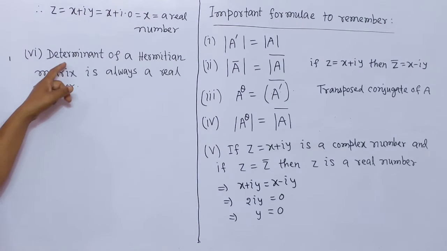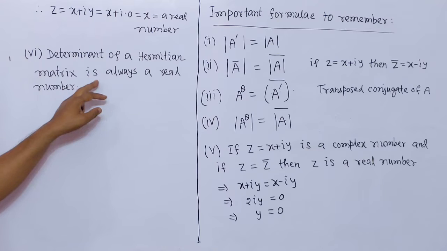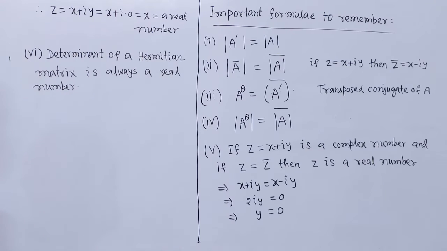So Z is a real number. Number 6. Determinant of a Hermitian matrix is always a real number.